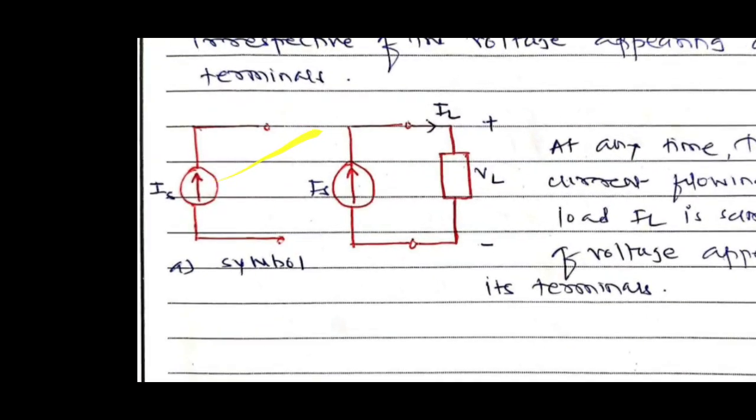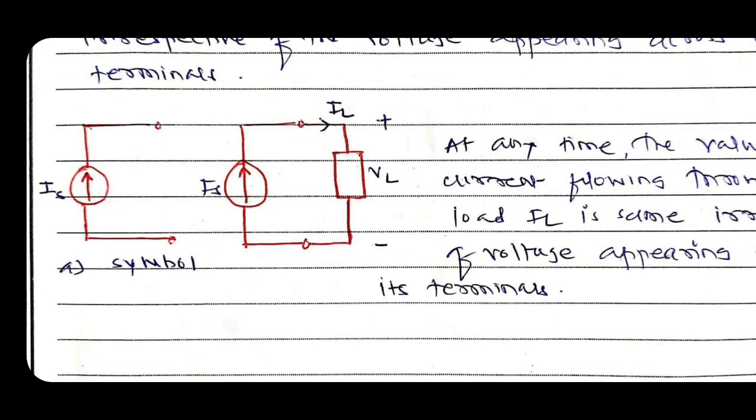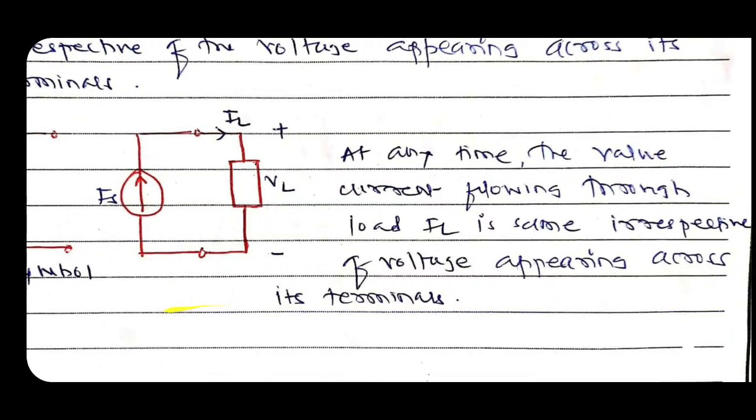So this is the symbol of the ideal current source. This is Is, the current source. The polarity is not given here because this is a current source. The arrow indicates the direction of the current. Here the arrow is upward, meaning the current flows in the upward direction.